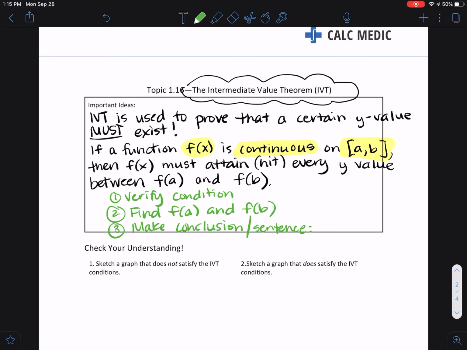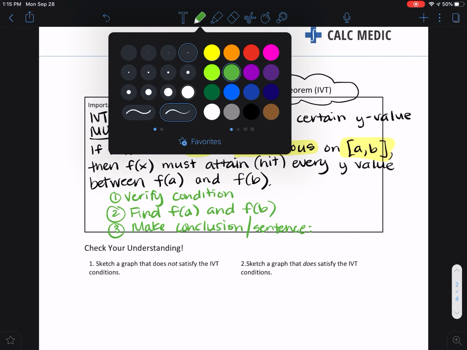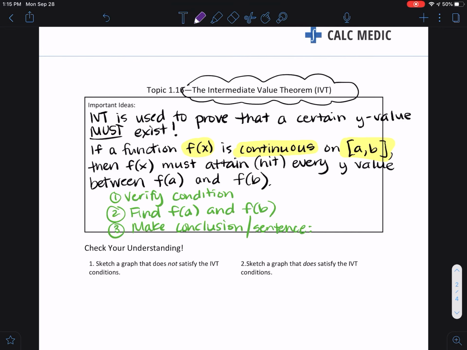I'm going to give you a little filler for your sentence every time you do it, just like we did with continuity.